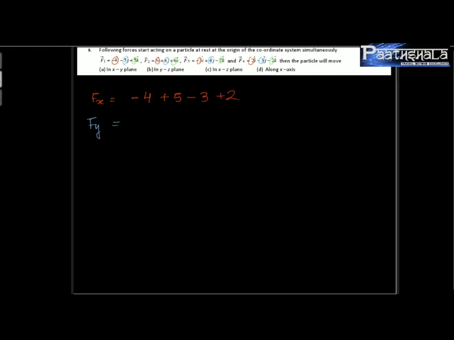Fy is equal to minus 5 plus 8 plus 4 minus 3 plus 4 minus 3, and Fz is equal to 5 plus 6 minus 7 minus 2. So the answer of Fx comes out to be minus 4 plus 5, that's 1, and minus 3 plus 2, that is minus 1, so the total is 0.